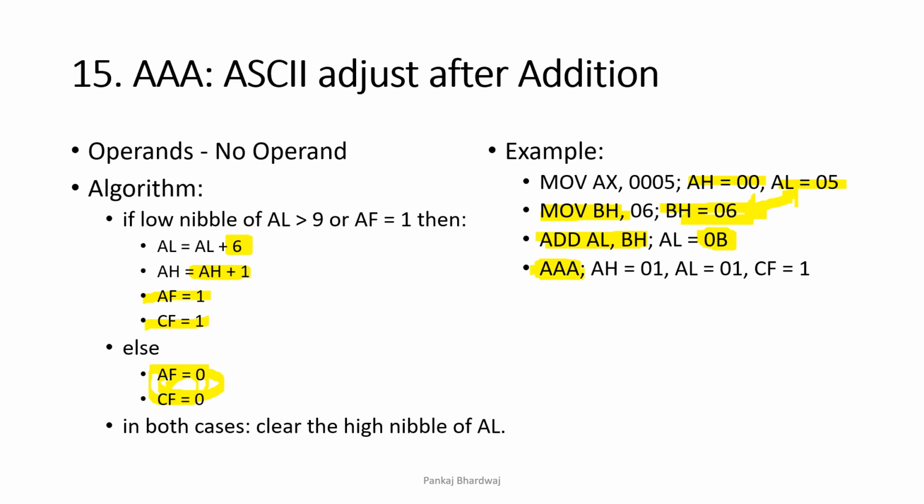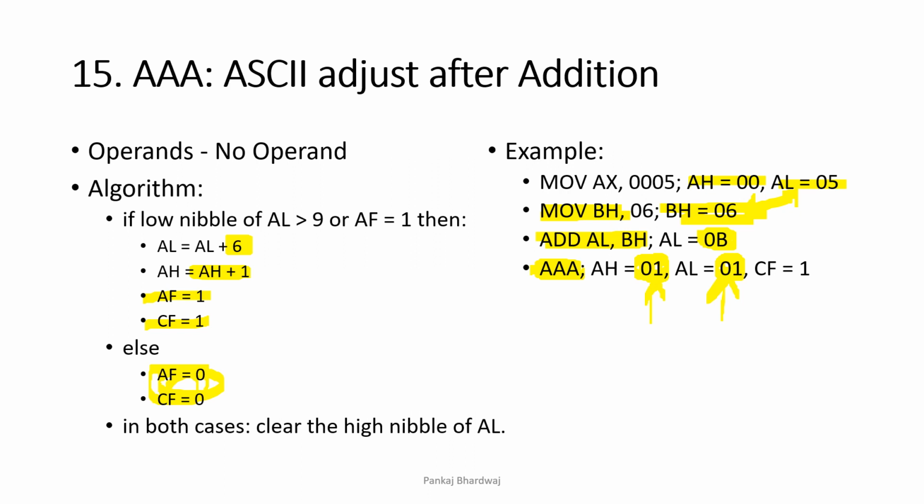It will become 01 and 01. Why? Because it is greater than 9. So we'll add 6. We'll get 1. And we'll get 1. Similarly, AH is incremented. AH is 0 previously. In this case, AH will be 1. So AH will be 1 and AL will also be 1.